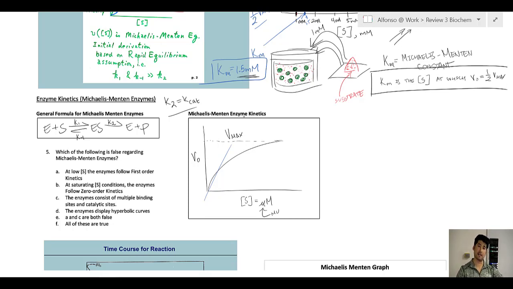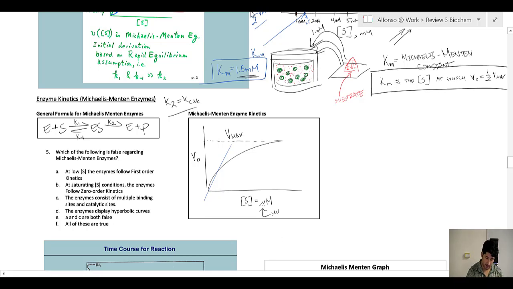And what that means is that as you start increasing the amount of substrate, the velocity also increases. Do you agree? Yes. So what first order kinetics means is that as you increase the amount of substrate, you also increase the velocity. And you can see that right here.